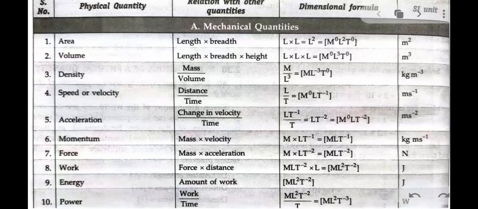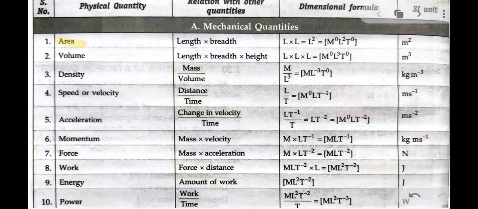Okay, in last class we have discussed how to find out the dimension. So this is your dimensional chart. Now in your dimensional chart I have given you the dimension for the various quantities. Let us say for area.